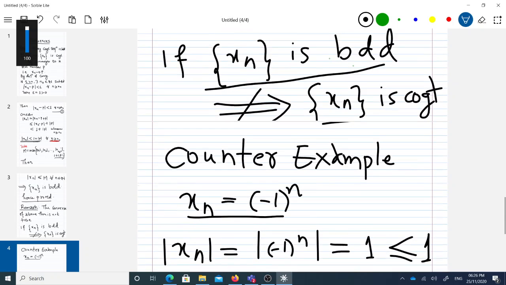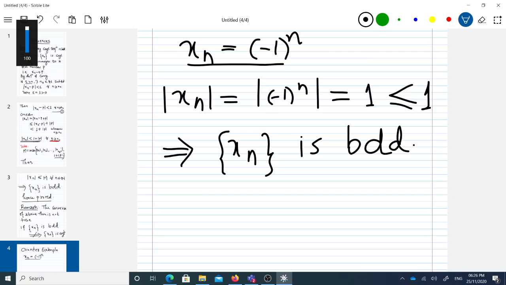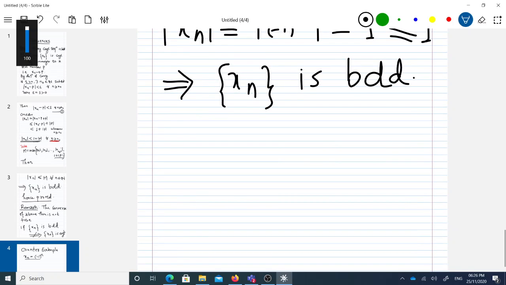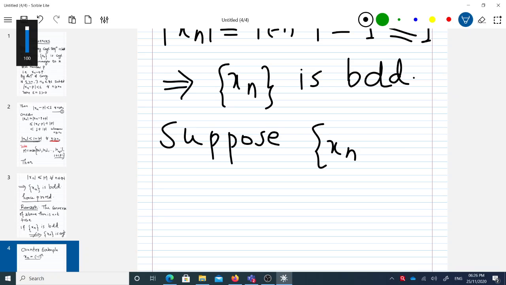Now we have to show that the sequence xn is not convergent. How will you prove it? Suppose the sequence xn is convergent.